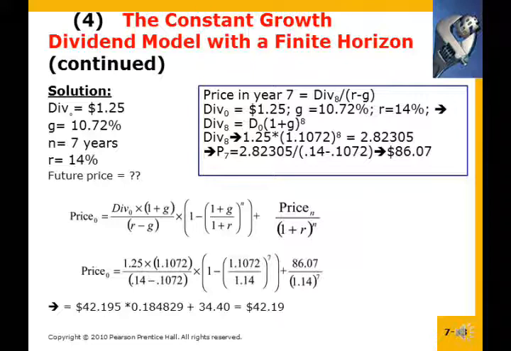And then you return back to apply the rule price T equal dividend T plus 1 over R minus G. So price 7 will be equal dividend 8 divided by R minus G. So price 7 will be equal 2.82 divided by 0.14 minus 0.1072. Calculated, you will find that price 7 equal to 86.07.